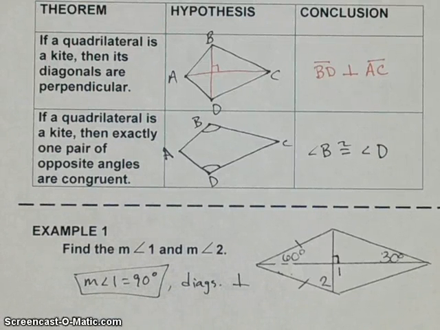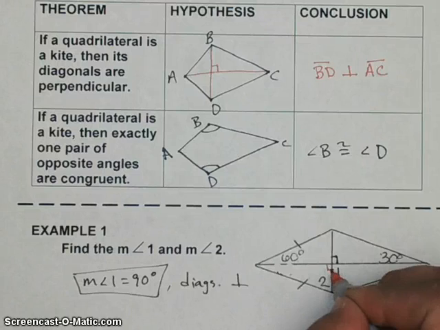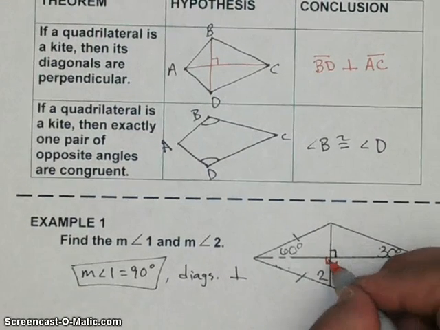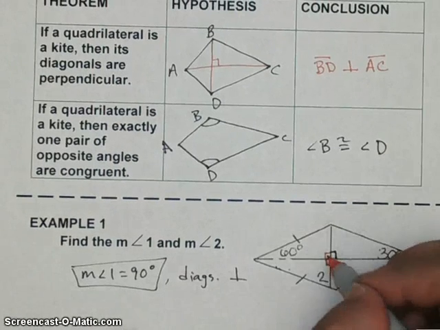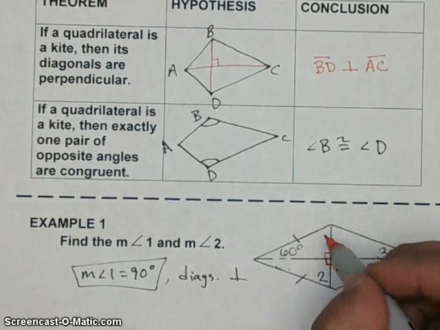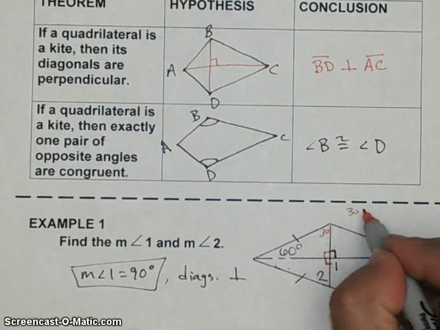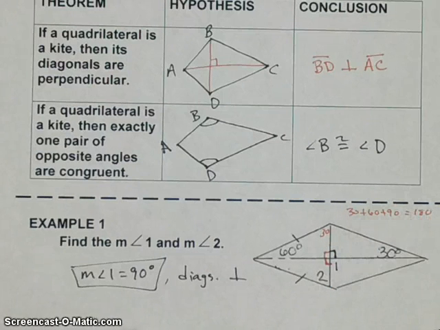Alright, now for angle 2, since all these are 90, this is 90. Okay, if this is 60 and 90, this one has to be 30 because 30 plus 60 plus 90 has to be 180.